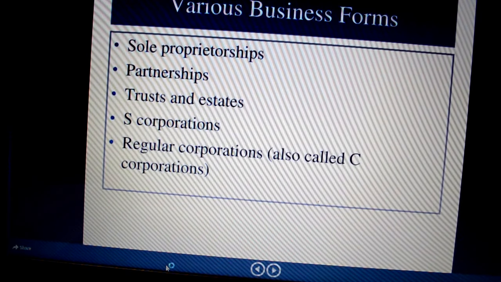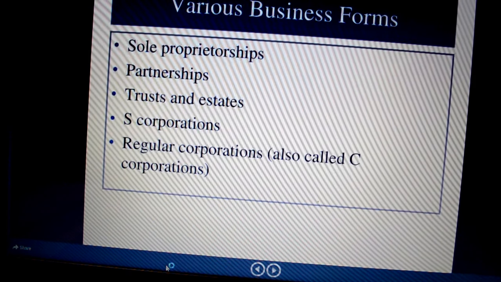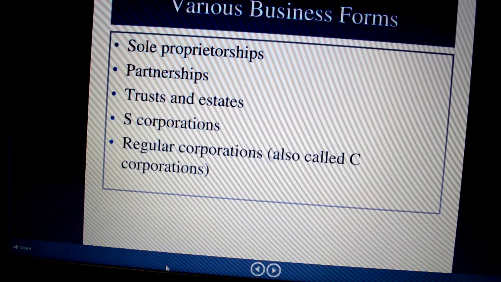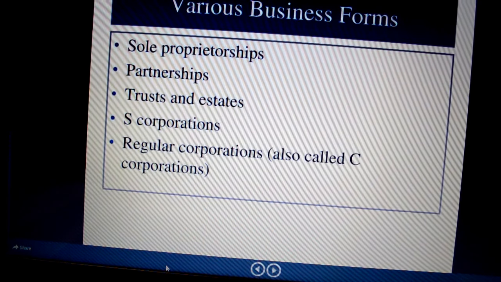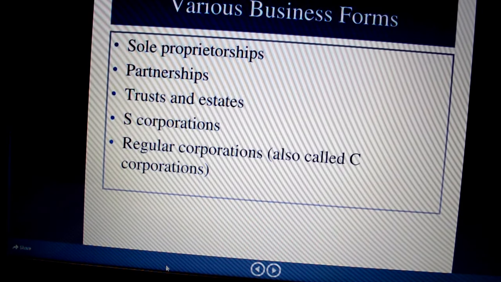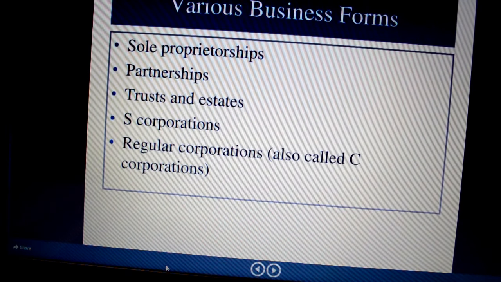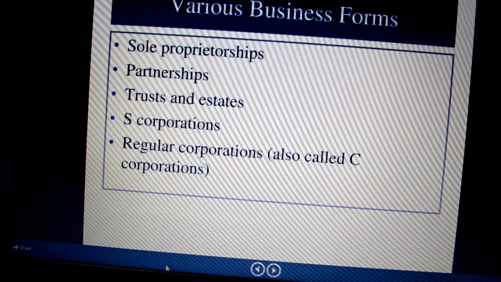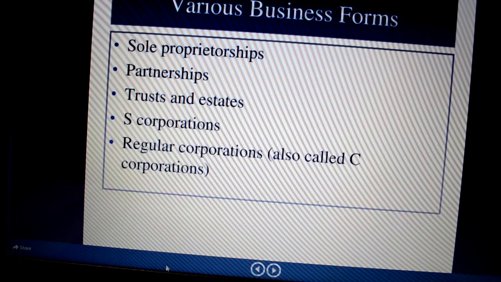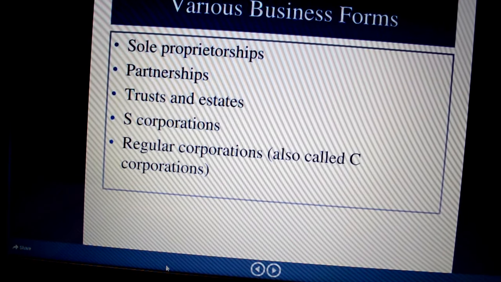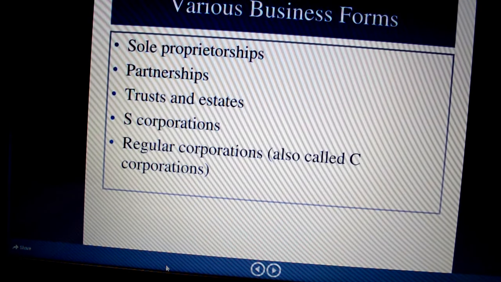The combined corporation-employee payroll tax burden should be compared with the self-employment tax associated with the proprietorship and partnership forms of business. This analysis should include the benefit of the deduction available to the corporation for payroll taxes paid, as well as the deduction available to the individual for part of the self-employment taxes paid.